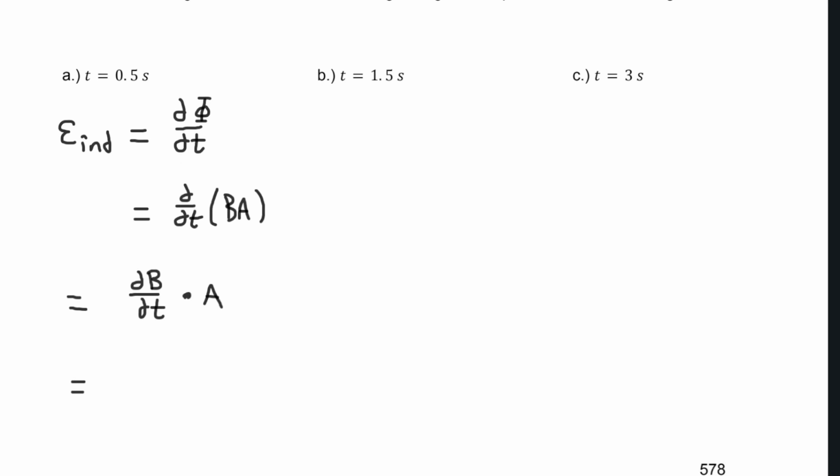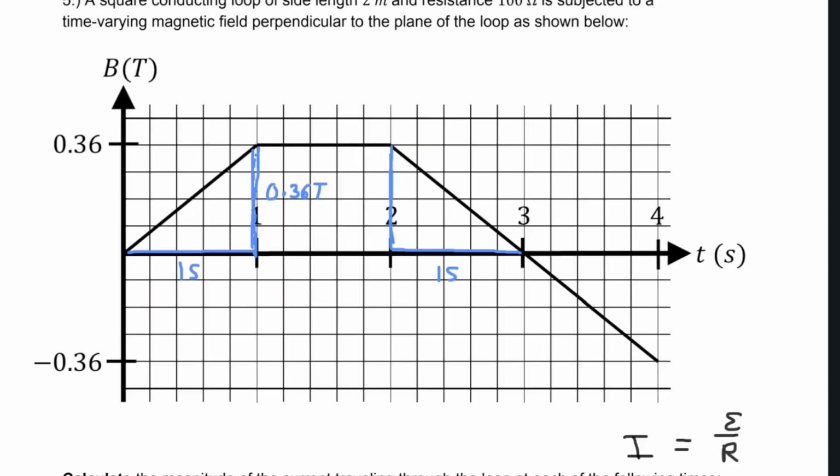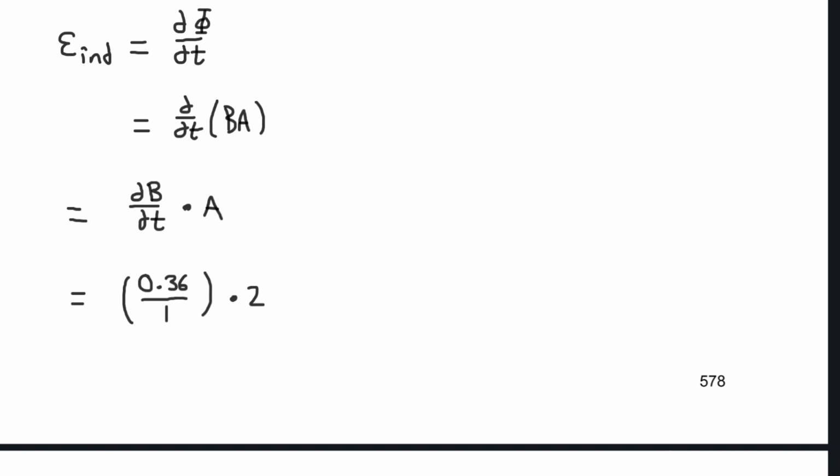So in this case, our slope is 0.36 divided by 1, and our area, sorry, induced EMF, in our area, it is a square of side length 2 meters. So doing that allows us to get our EMF, and then we'll just divide by the resistance.